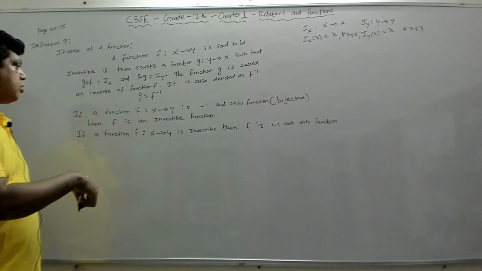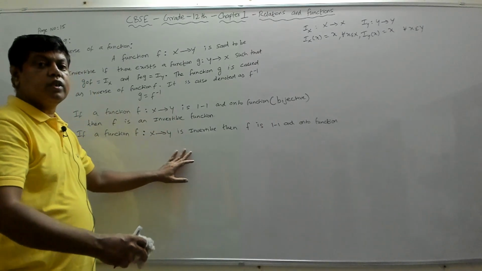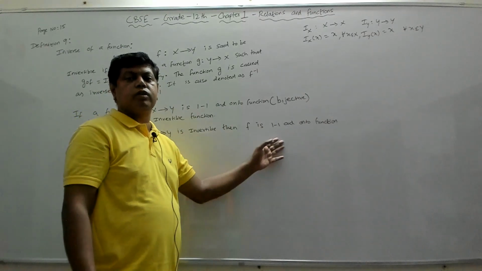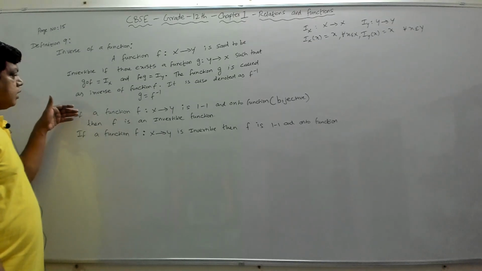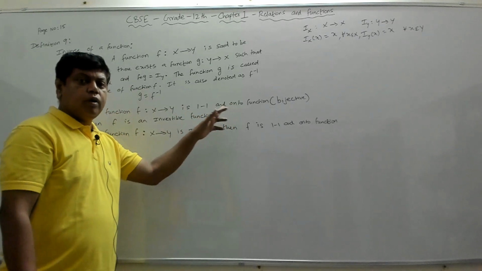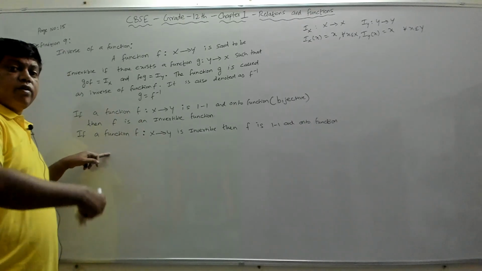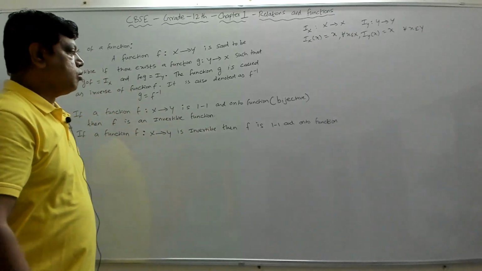So the reverse is also true. Which means if a function is invertible, in case a function has an inverse, then we can say that function is 1 to 1 and onto, or that function is a bijective function, right? So this statement says if a function is 1 to 1 and onto, then it has an inverse or it is invertible. Here if it has an inverse, then it is 1 to 1 and onto. So the reverse is also true.